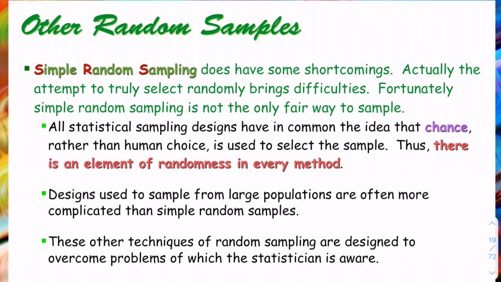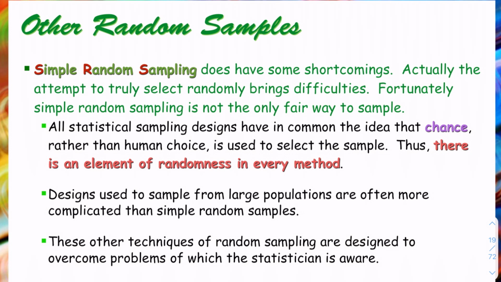Simple random sampling does have some shortcomings, however. And actually, the attempt to truly select randomly brings a lot of difficulties. Fortunately, simple random sampling is not the only fair way to sample. So all statistical sampling designs have in common the idea that chance, rather than human choice, is used to select the sample.